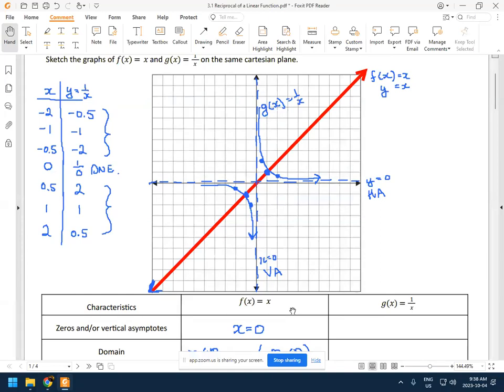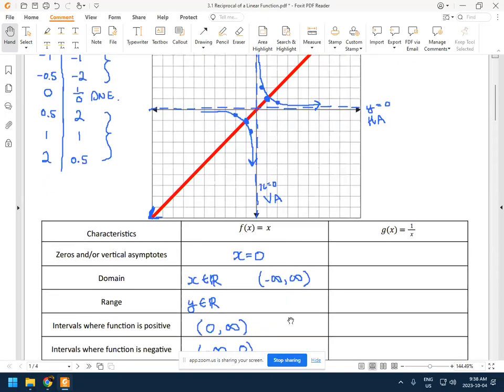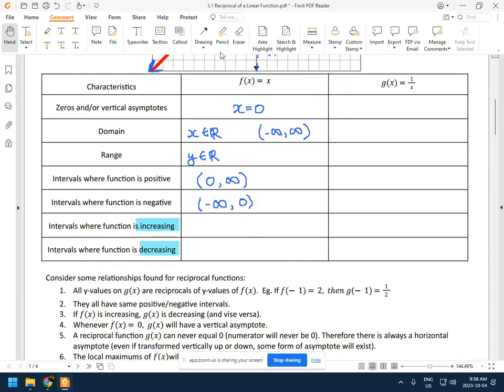Or when is the y value increasing? Right. It's never decreasing, right? So interval when the function is increasing from negative infinity to infinity. And when is the function decreasing? Never.